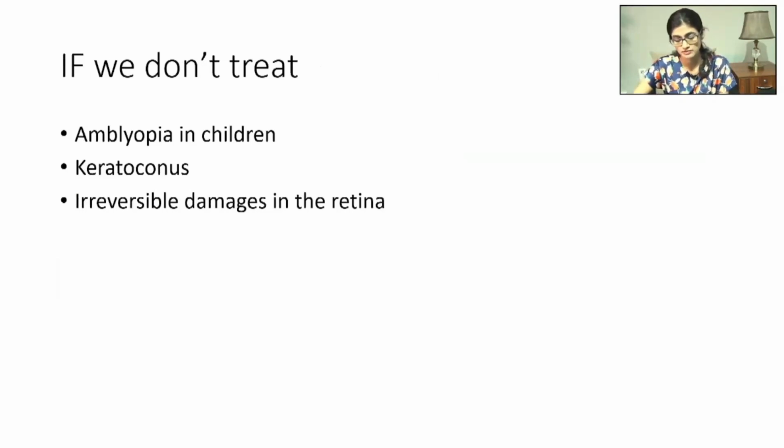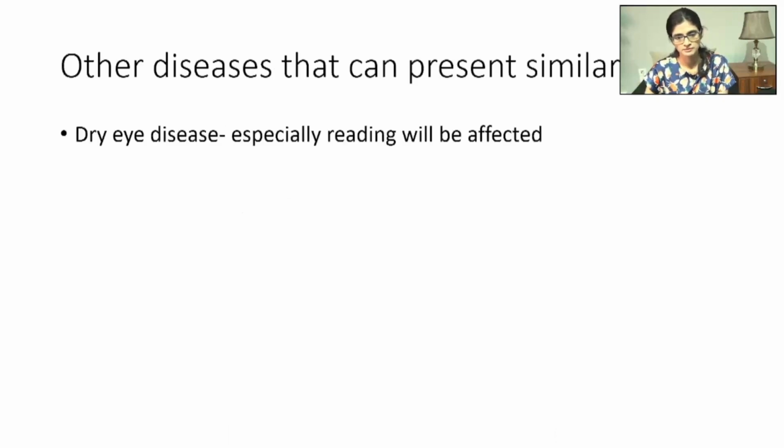If the patient has keratoconus, it will progress and cause corneal scarring and the requirement of thick or full thickness corneal grafts. And in progressive myopias, you may develop irreversible damage to the retina.